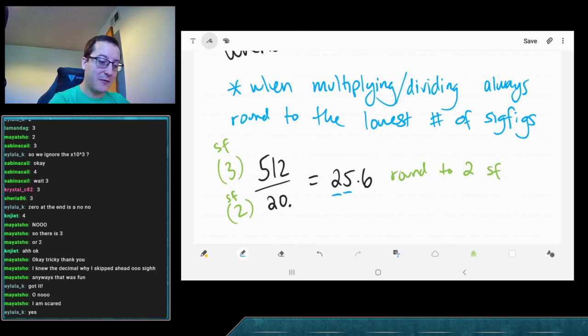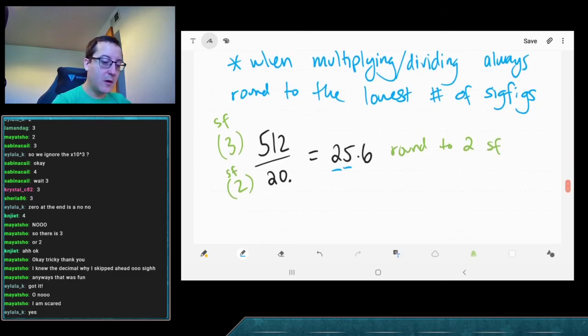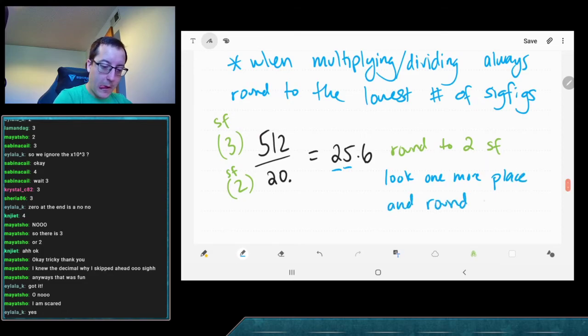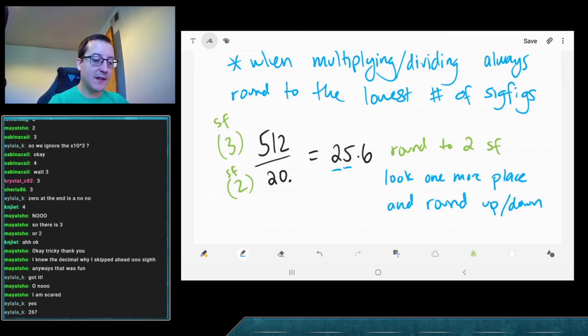And so now we want to look one more digit over and round it up or down, depending. Hopefully you remember from whenever you learned how to round numbers. We look at this 6 here and say, okay, it is bigger than 5, right? So we round up to 26.